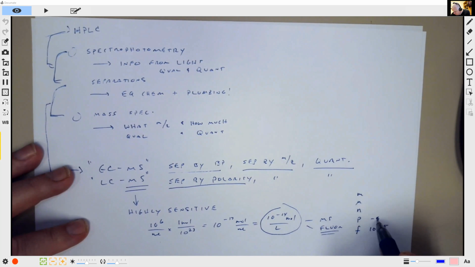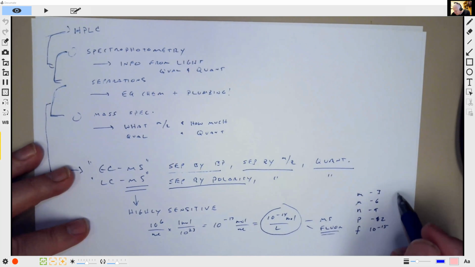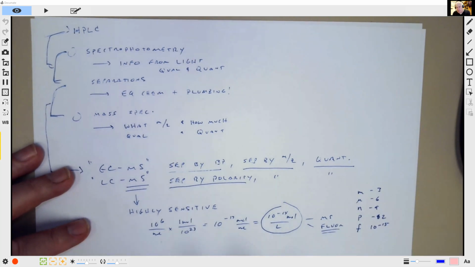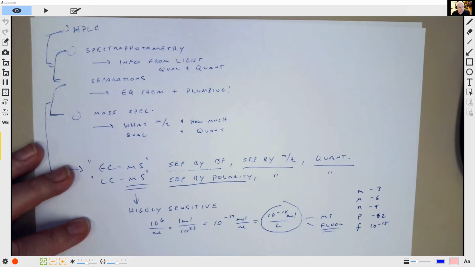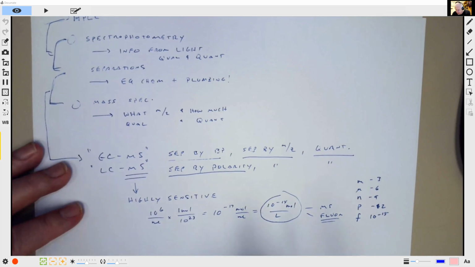Oh, this is 12. So we're talking many orders of magnitude more sensitive here. So this is the case with many sensitive analytical methods. The trick is in the sample introduction.